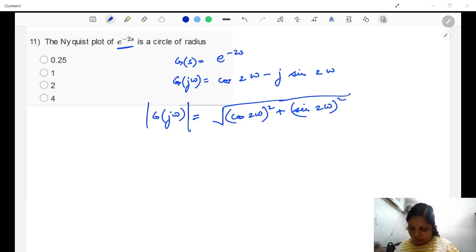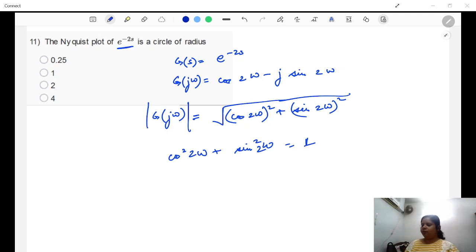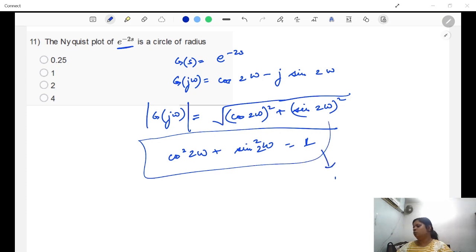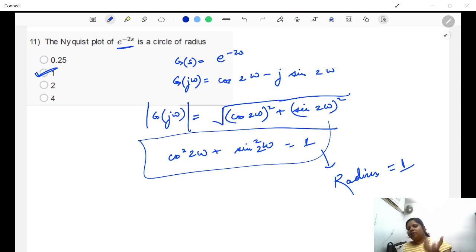And if you remember, cos squared 2 omega plus sine squared 2 omega is always 1. That means it is going to be a circle of radius 1. Since it is cos and sine terms only, and we know that its squares sum to 1, it gives you an equation of a circle with a frequency of omega.